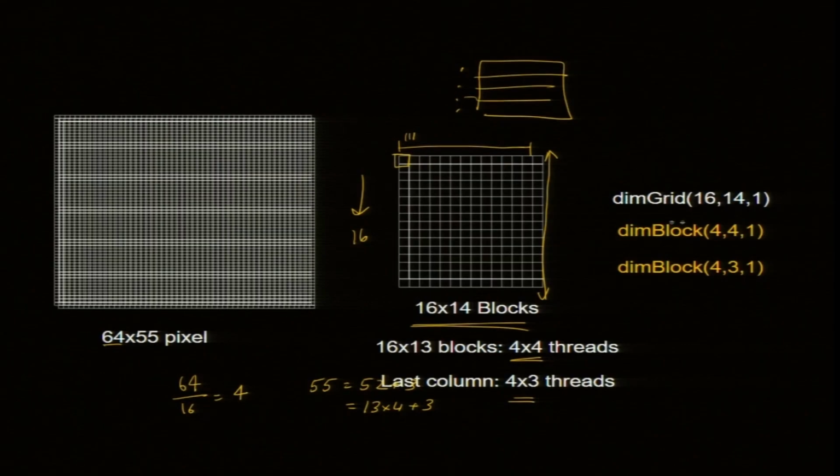So, how will I write dim grid? It will be 16, 14, 1, right? That is dim grid, how many blocks. And dim block will be 4 by 4 by 1 or 4 by 3 by 1.